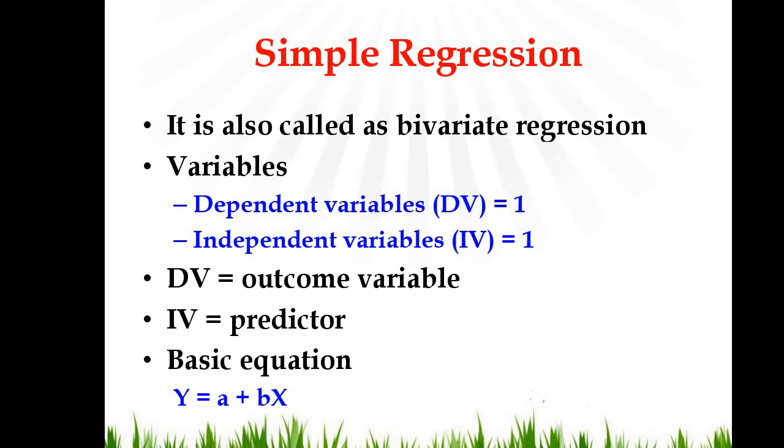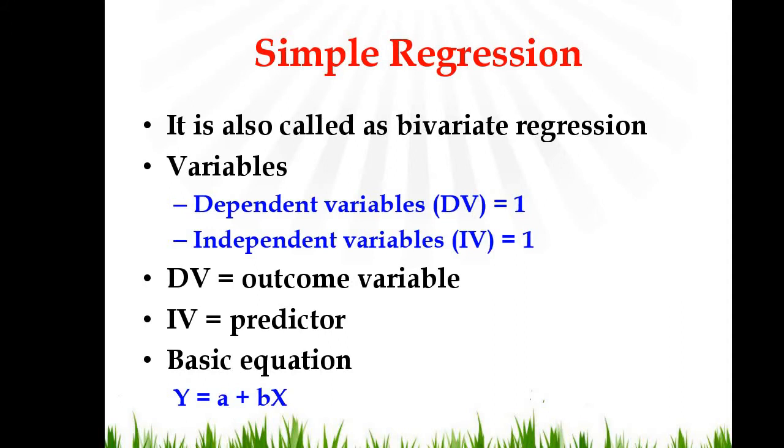So a very basic equation we use in simple regression is y = a + bx. Here, y is the dependent variable, a is the intercept, whereas b is the coefficient of x, x is the independent variable. In other words, how we interpret these two values, the parameters, the a and b.